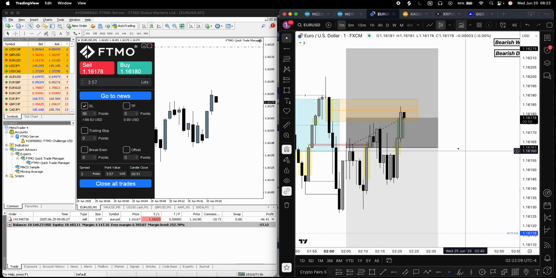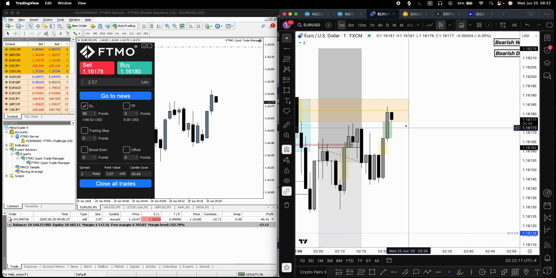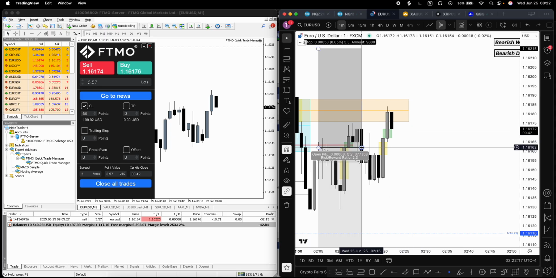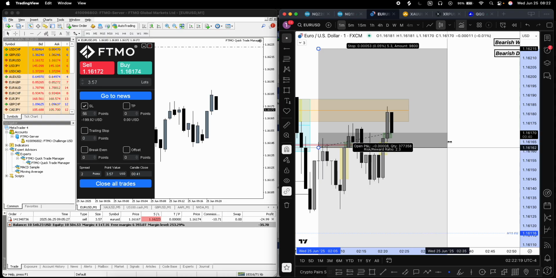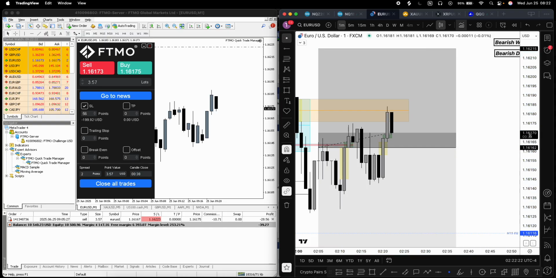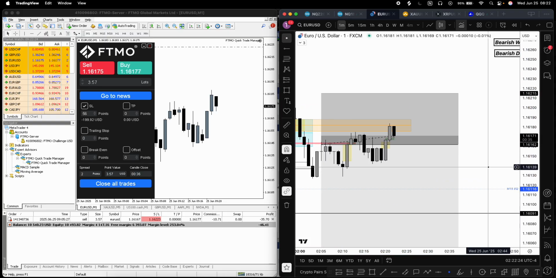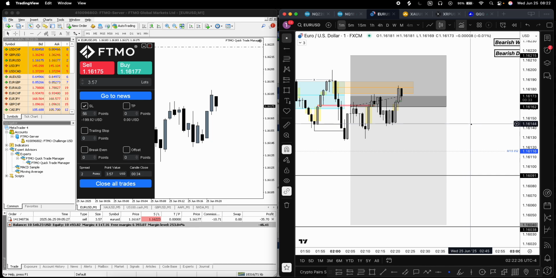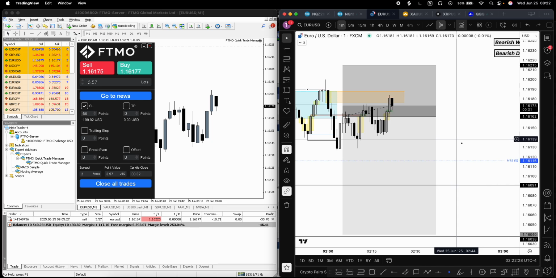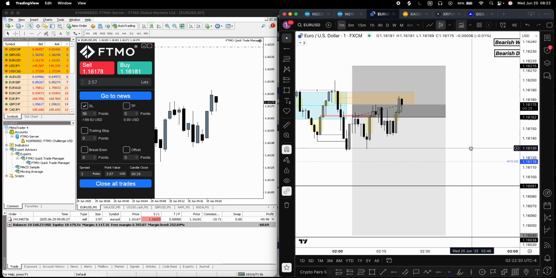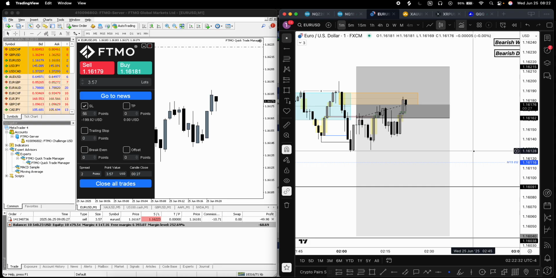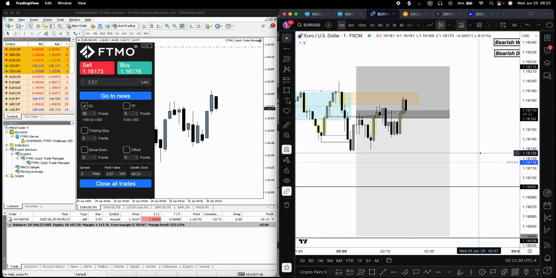If you zoom in here, you can see it closed below the midpoint of that gap, so that's a good indication of bearishness. Doesn't mean the trade's gonna win or anything, but it's encouragement to stay in the trade. But for all we know, this next candle might close above this.